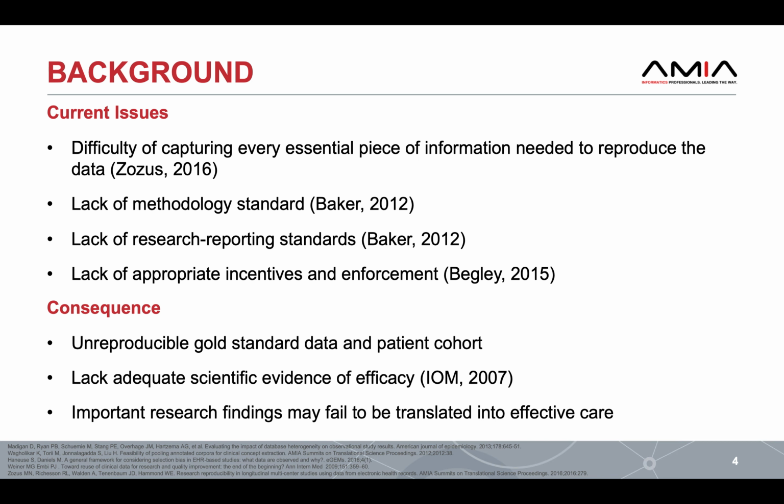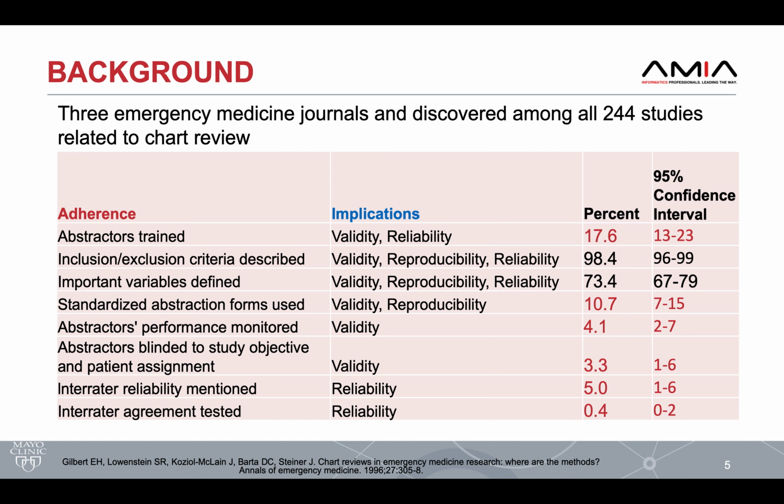So important research findings will be unable to be translated into effective care. Based on the review paper by Dr. Gilbert, looking at this table, except for inclusion and exclusion criteria and variable definition, all other important methods for chart review show very low research reporting standard and adherence.